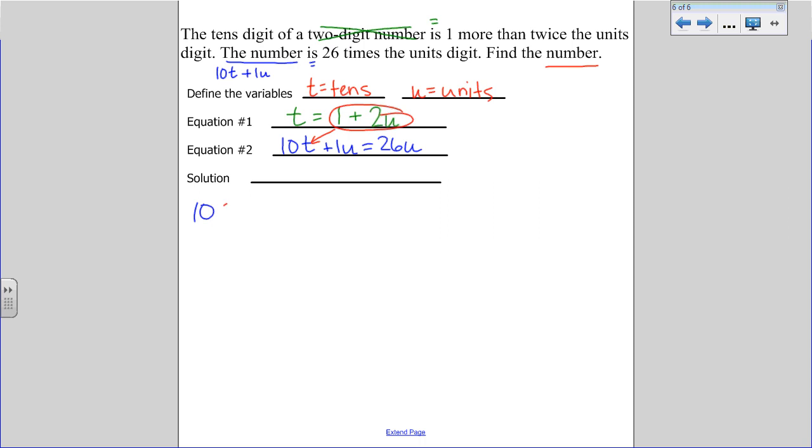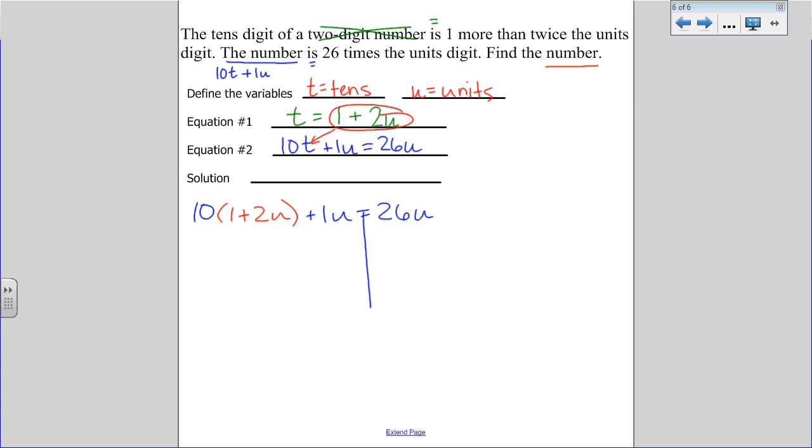I'm going to multiply that by 1 plus 2u. You're going to have 3 of the same variable. That's what you need to make sure happens after you do your substitution, that you have all u's or all t's. But yes, in this type of problem, we're often going to end up with variables on both sides. So you have 3 of the same type of variable.